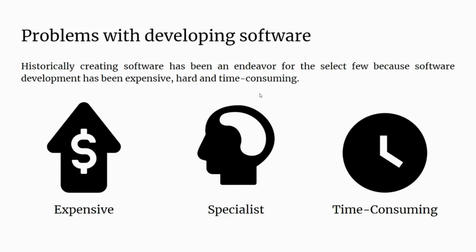A little bit about the history of creating software. Traditionally, software has been very expensive to create in terms of servers, in terms of the knowledge, in terms of everything associated with creating software, and it has been a specialist skill. People have had to spend many, many years learning how to create software, and it's not just writing code; it's how to deploy applications, how to secure applications.